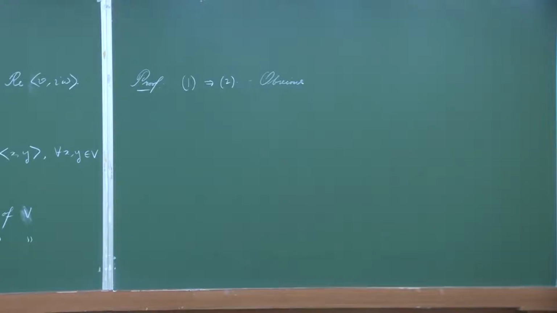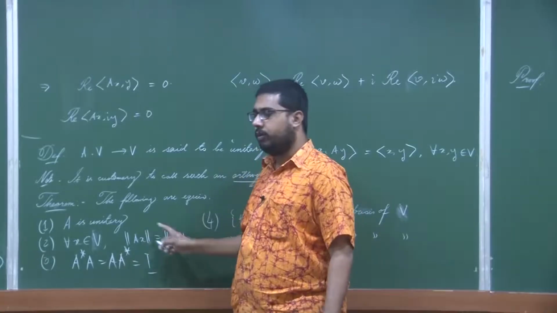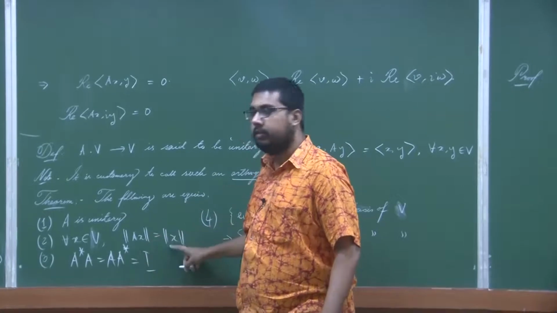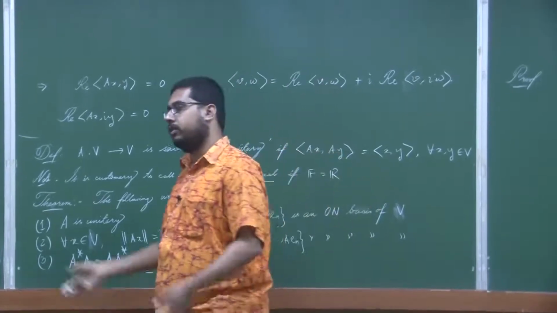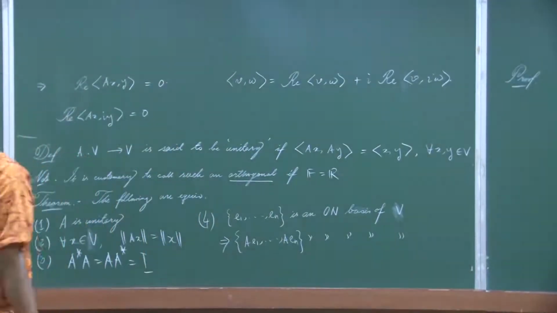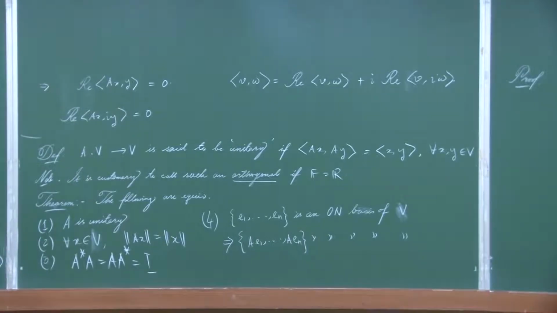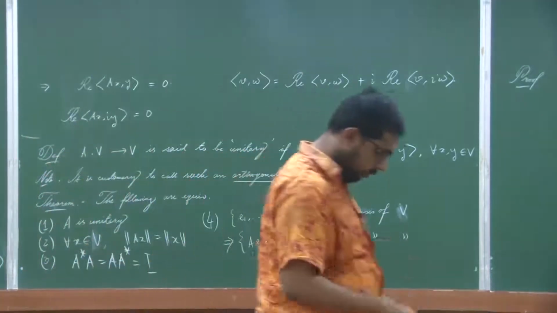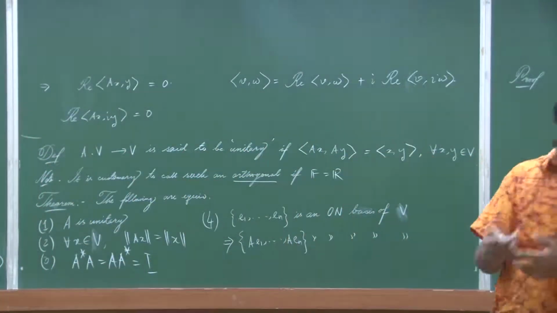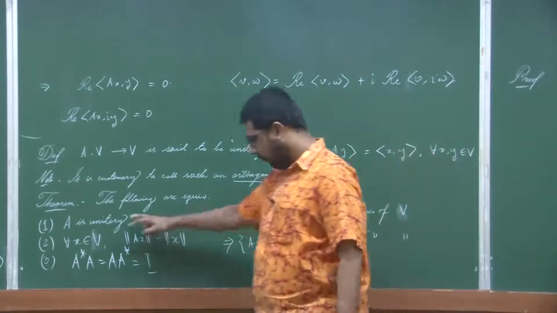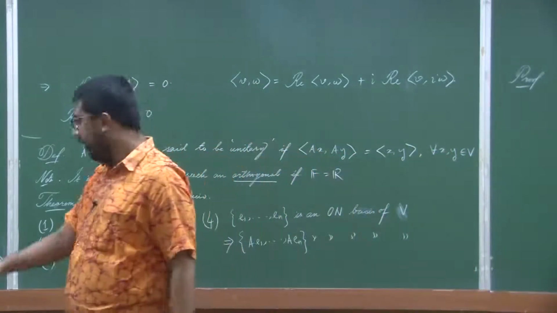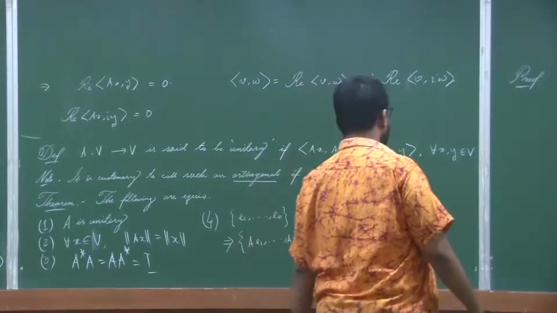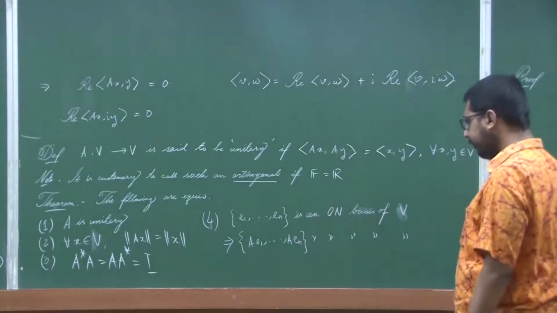For example, in order to show these two are equal, it is enough to show that they are equal when raised to the square power, because they are non-negative quantities. So, norm of Ax squared is inner product Ax, Ax, that is the same as inner product x, x, which is nothing but norm x squared. Okay, so 1 to 2 is obvious.